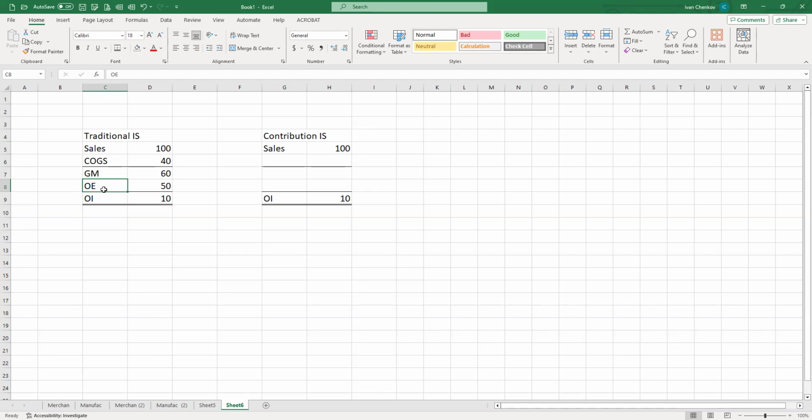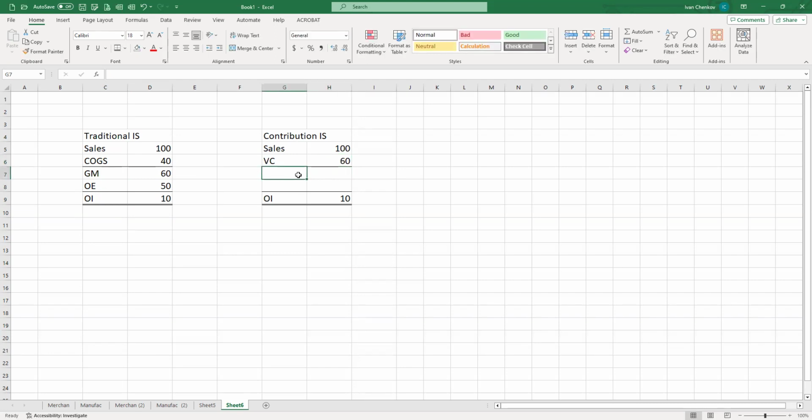Either it's going to be variable, or it's going to be fixed. If it's variable, the only thing that's going to drive the variable cost is the level of sales. The more we're selling, the more cost. What are we selling? We're selling the products. So what drives the variable cost? The products. We're going to say variable cost based on the products sold. Let's say our variable cost is 60.